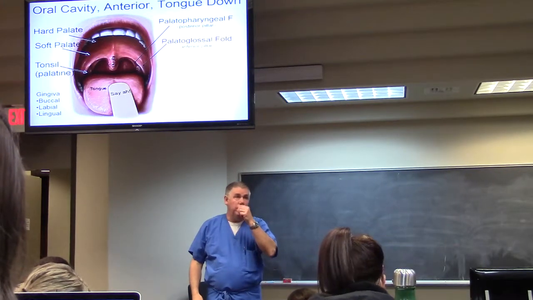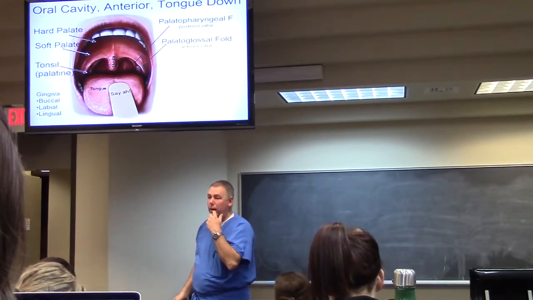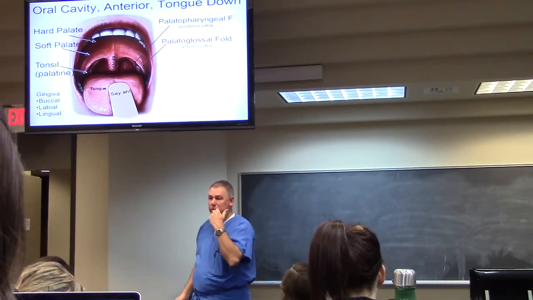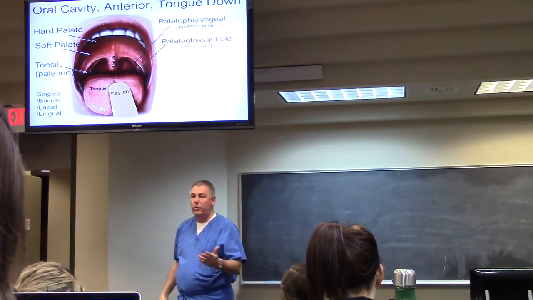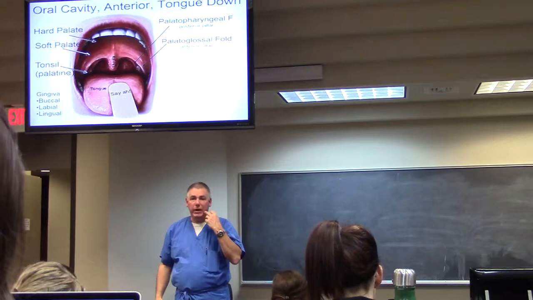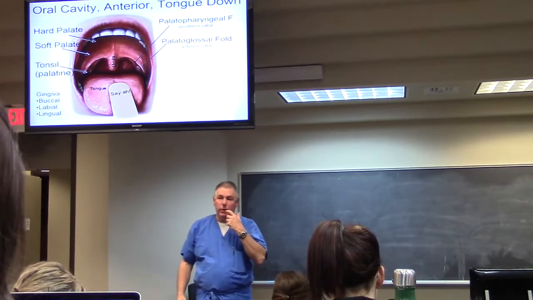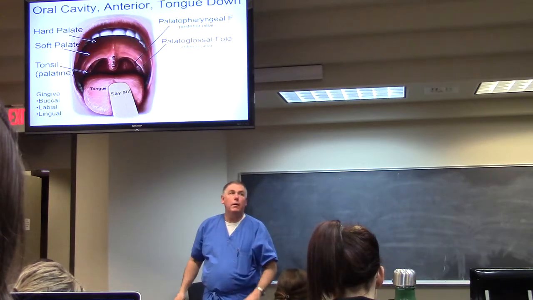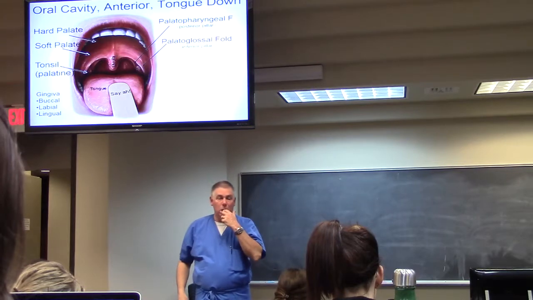When you talk about the gingiva, or the mucosal lining of the alveolar ridges, the dentist will refer to three types. The buccal gingiva is that associated with the cheek, the soft tissue, the mucous membrane associated with the cheek. The labial is that associated with the lips.